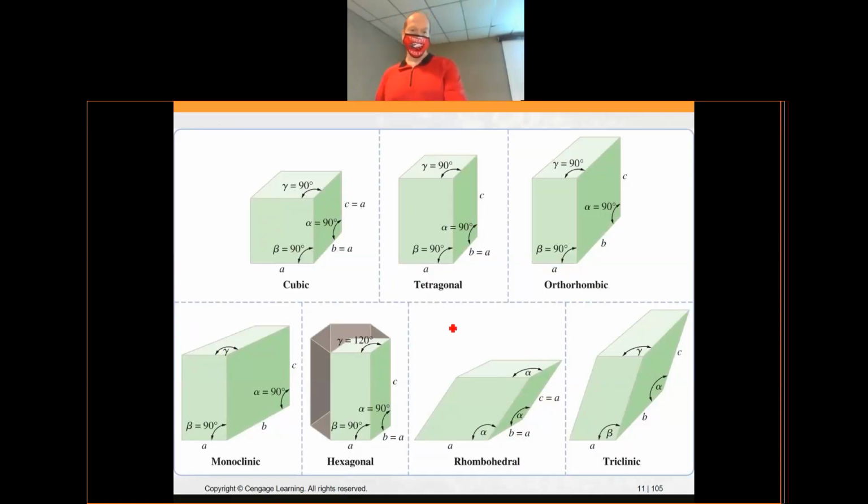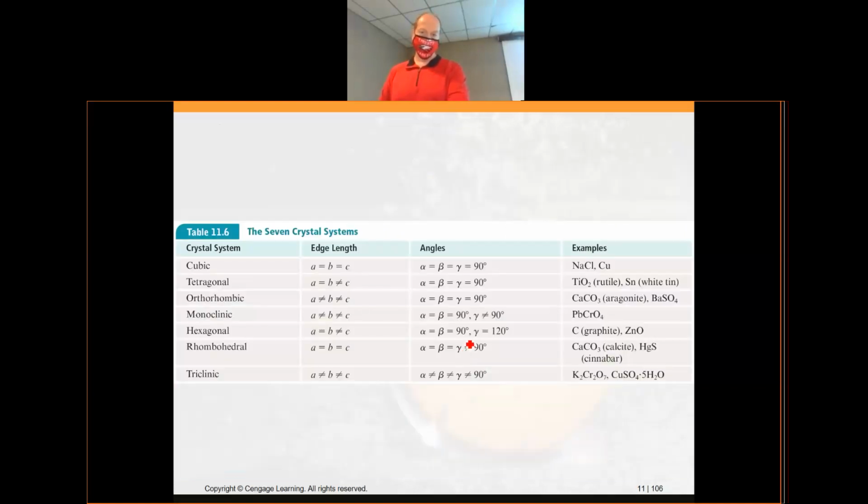We are only going to talk about the cubic, but there's also tetragonal, orthorhombic, monoclinic, hexagonal, rhombohedral, and triclinic. In this class, we are only going to talk about the cubic crystal structures. All of your angles are 90 degrees. It's a perfect cube. Your length, your width, your height, they're all the same.